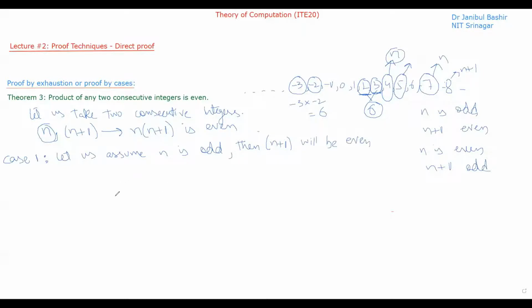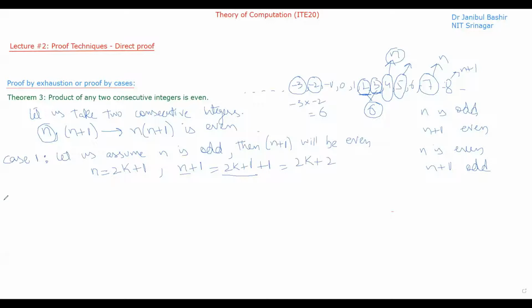Then n plus 1 will be even. So if n is odd, then n can be written as 2k plus 1, because every odd number can be written like this. And n plus 1 will be 2k plus 1 plus 1, that will be equal to 2k plus 2.